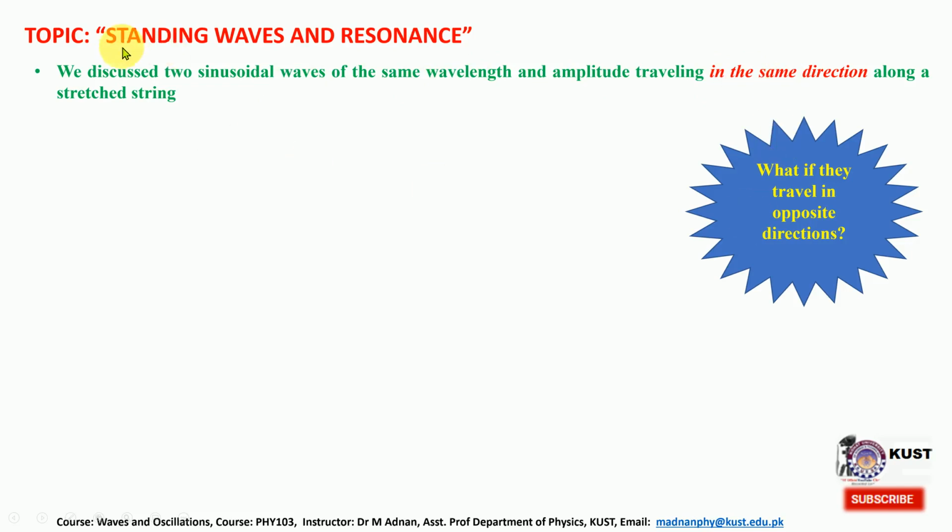In this lecture, to cover standing waves, we will discuss the same sinusoidal waves of the same wavelength and amplitude, but now traveling in the opposite direction. So we can again find the resultant wave by applying the superposition principle.